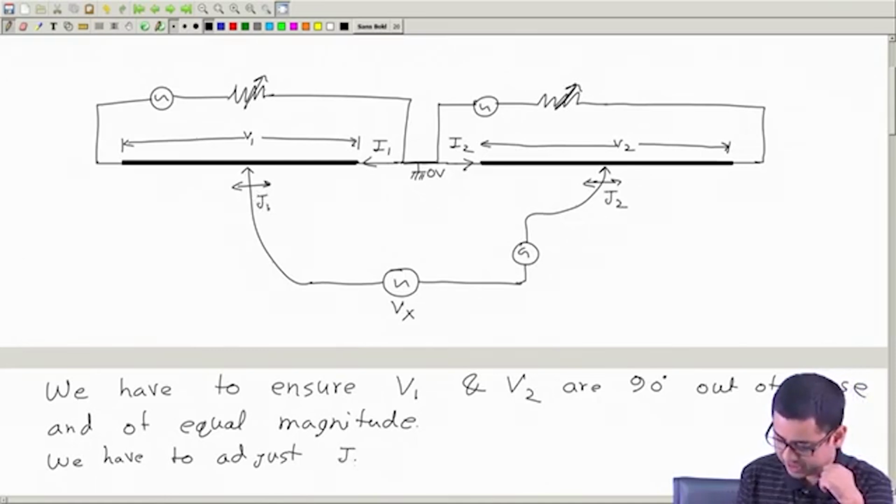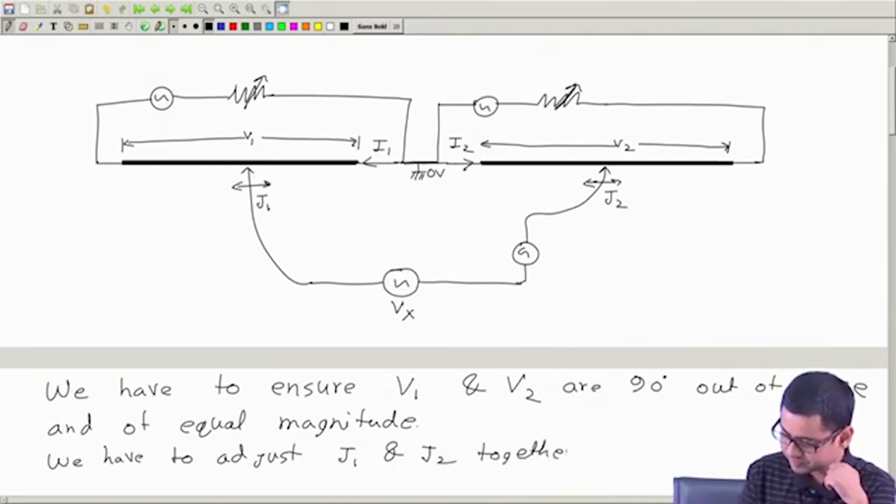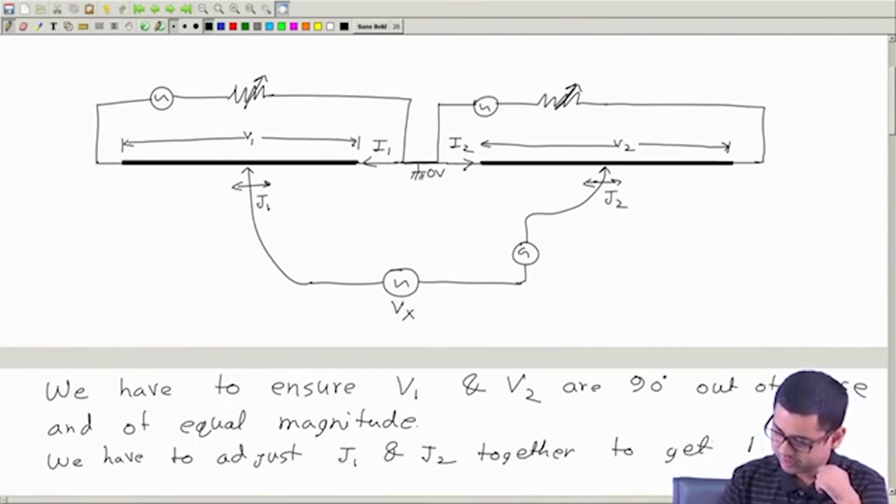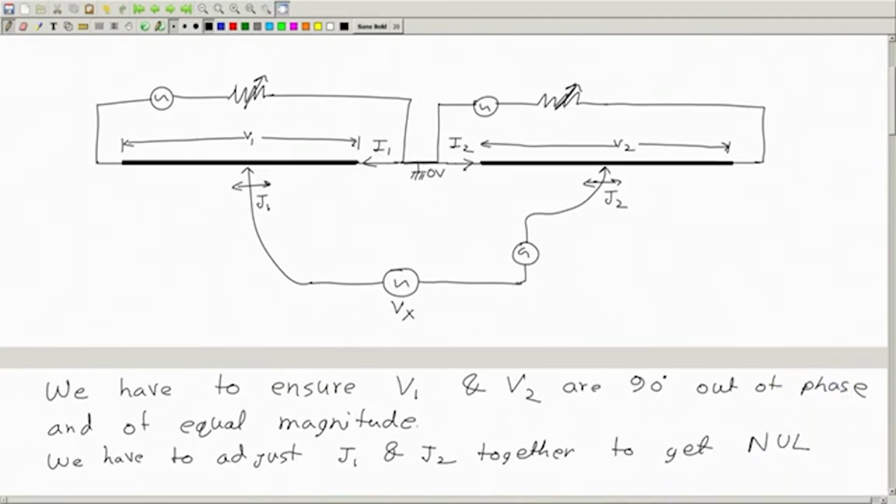We have to adjust J1 and J2 together to get null in this galvanometer. So that means no current should flow through this.